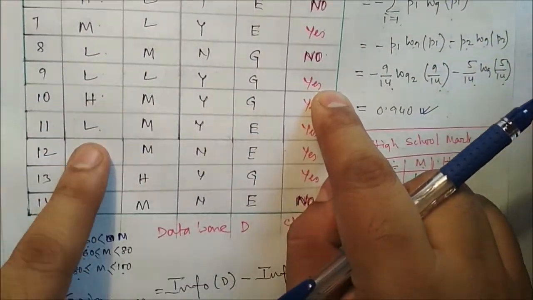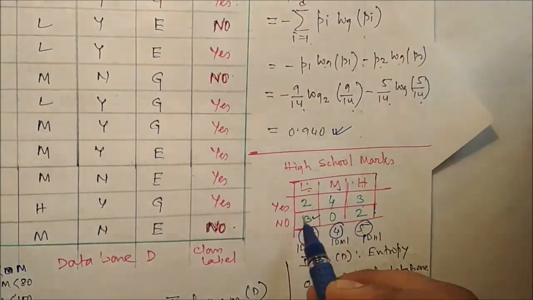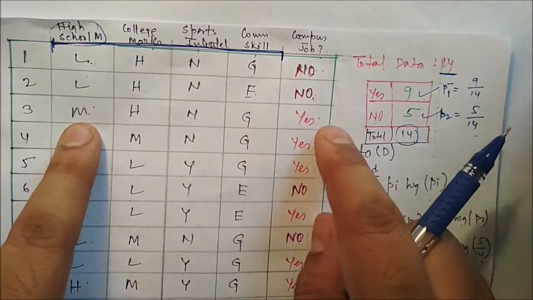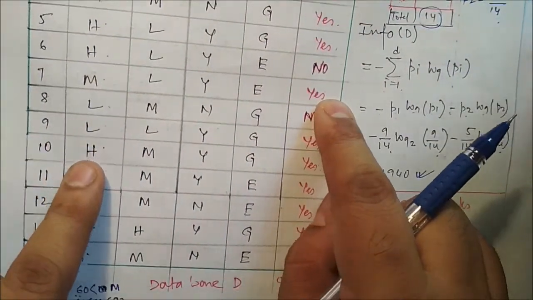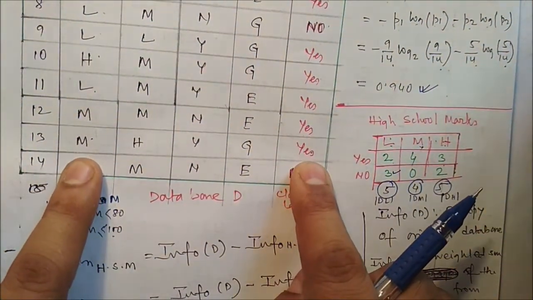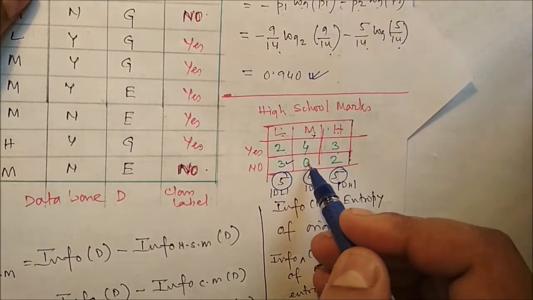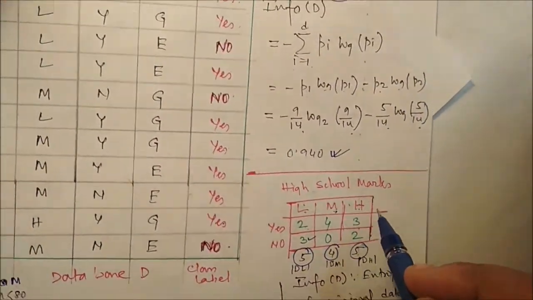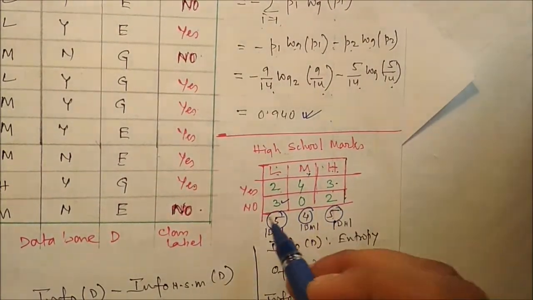Similarly, if it is medium, how many yes are there? 1, 2, 3 and 4. So 4 yes are there. The total medium is 4, so definitely no should be 0. Similarly, if it is high, 3 yes and 2 no.